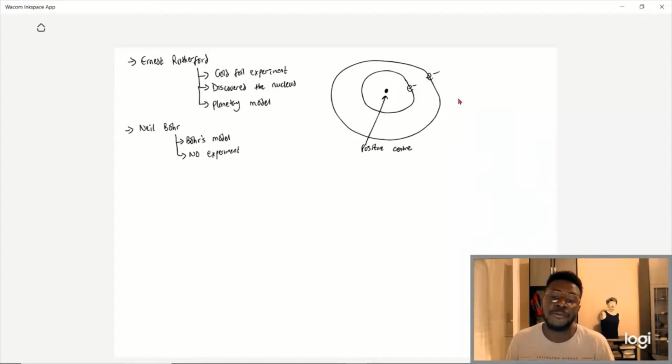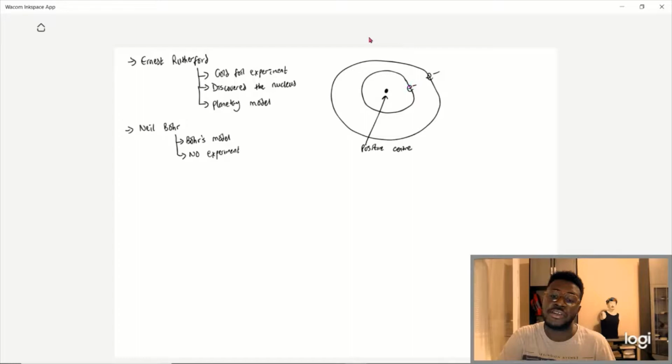So for example, in Rutherford's model, there was a problem with it because here you have a charged particle moving in a circle. So we know from physics that when a particle is moving in a circle, it's changing direction constantly because you're not moving in a straight line.